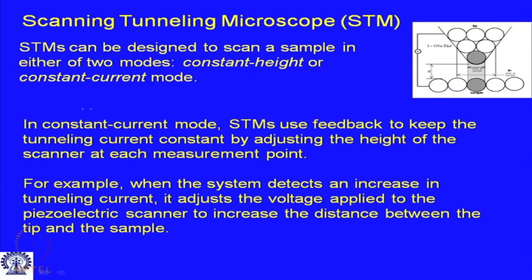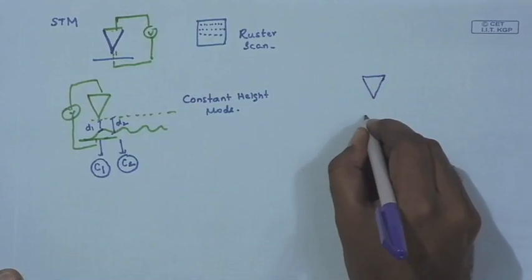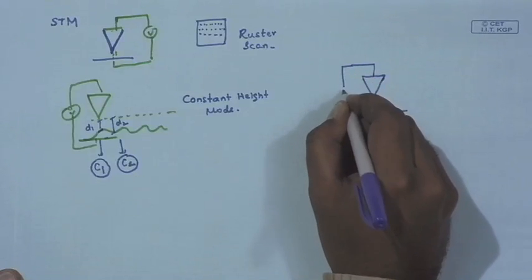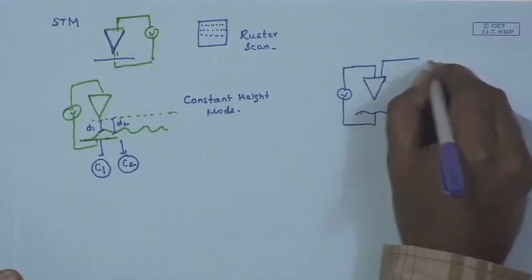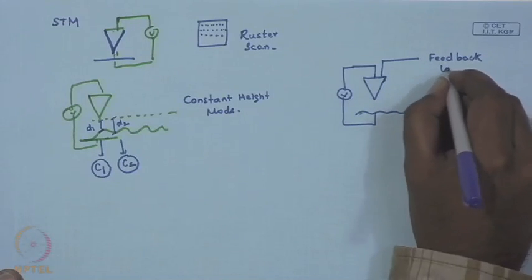The other mode, in the constant current mode, the STM now uses a feedback loop. Okay. So, in addition to the hardware we have already talked about, so you have a tip, you have a conducting surface, you apply a bias, and you also have a feedback loop.